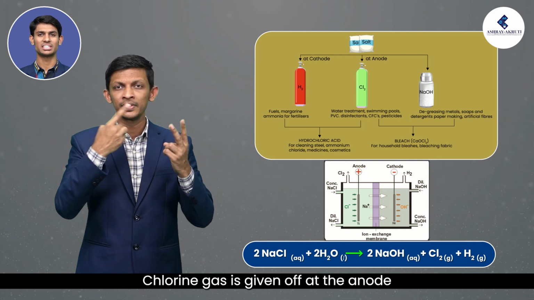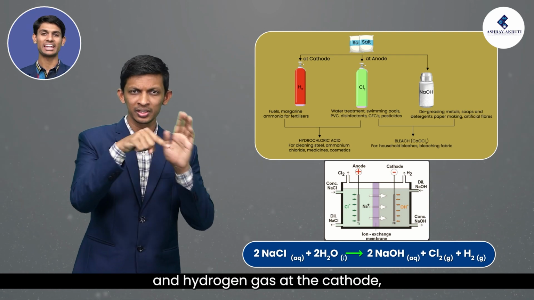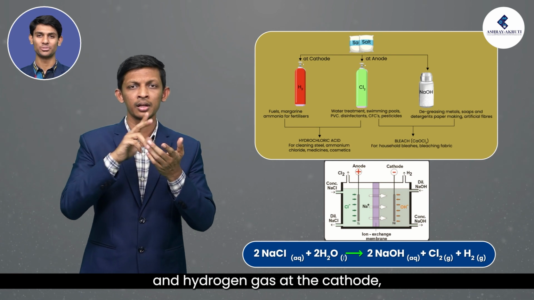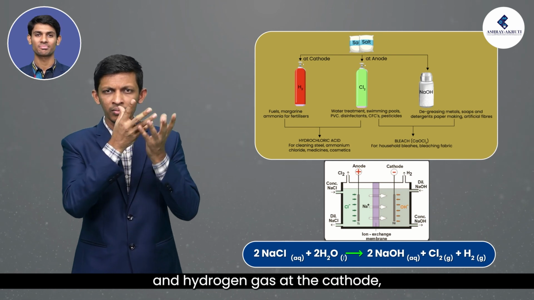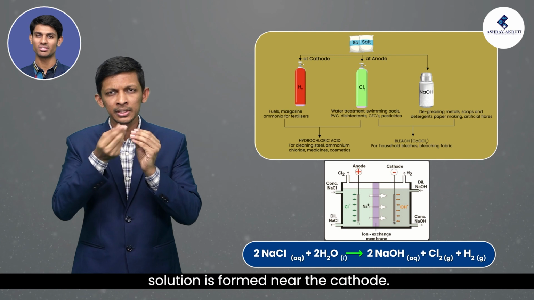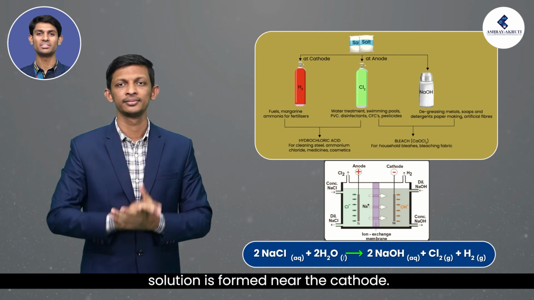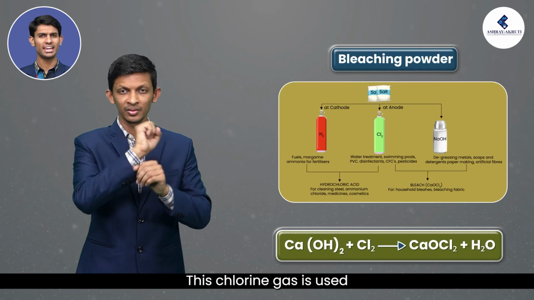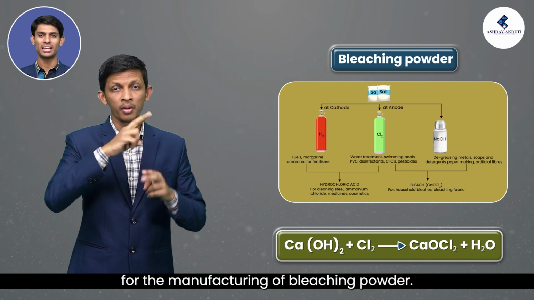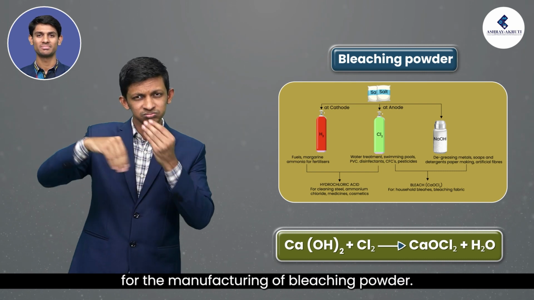Chlorine gas is given off at the anode and hydrogen gas at the cathode. Sodium hydroxide solution is formed near the cathode. This chlorine gas is used for manufacturing of bleaching powder.